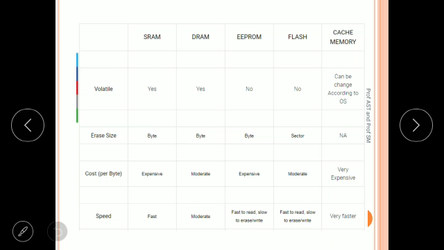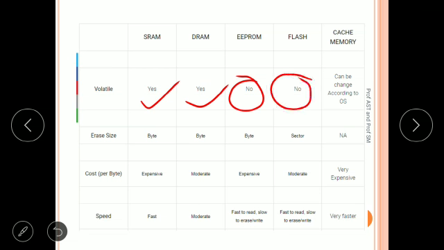For the RAM under the heading volatile, yes, it is volatile. Once power goes, it will lose the data. Even the DRAM is volatile, whereas EEPROM is non-volatile, and even the flash is also non-volatile. Cache memory can be changed according to the OS.